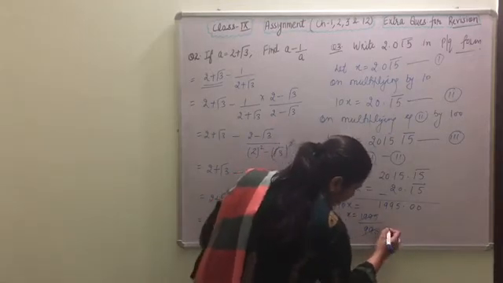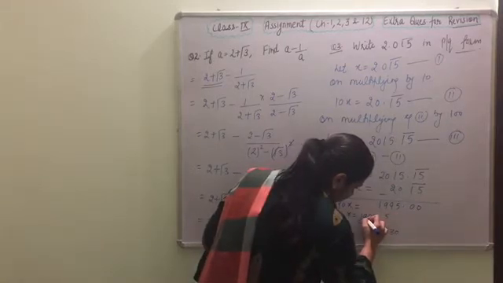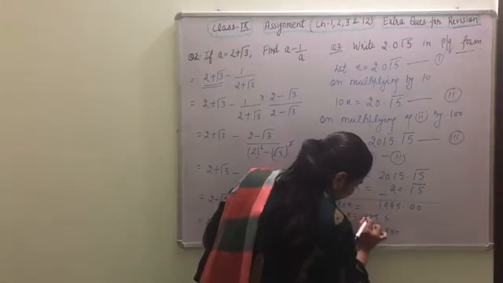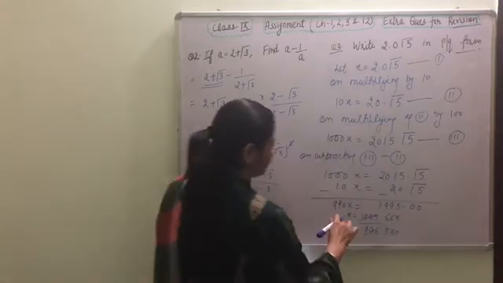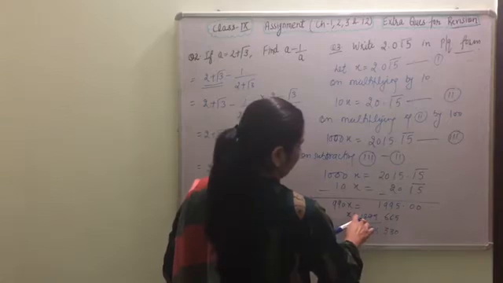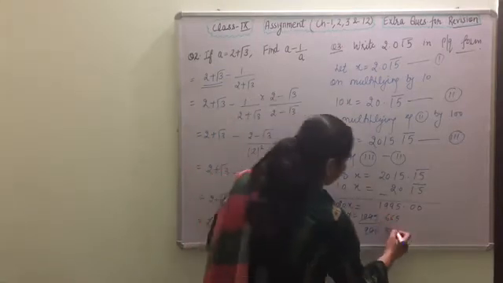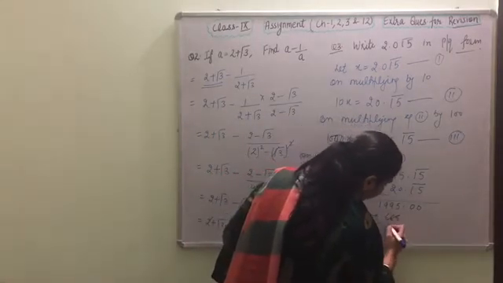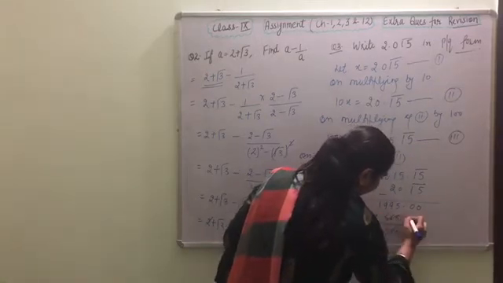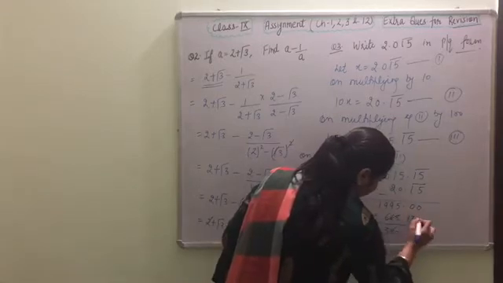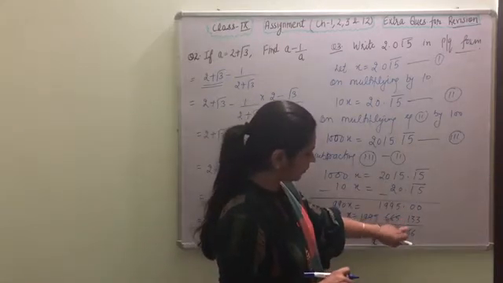So we are doing the cancellation: 665 by 330. Both numbers will be cancelled by 5, giving 133 by 66. 133 is not divisible further by the factors of 66, so this is the final answer.